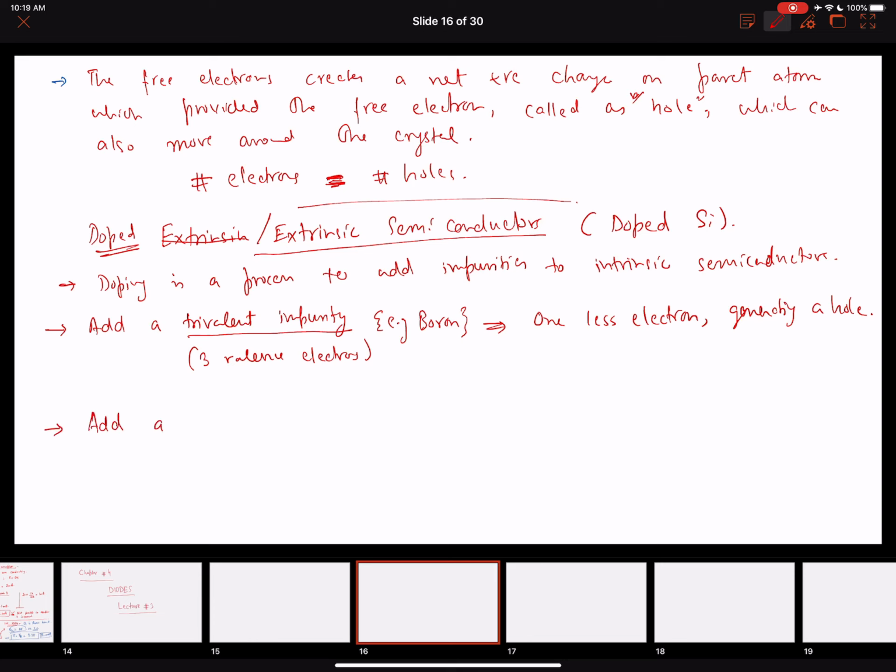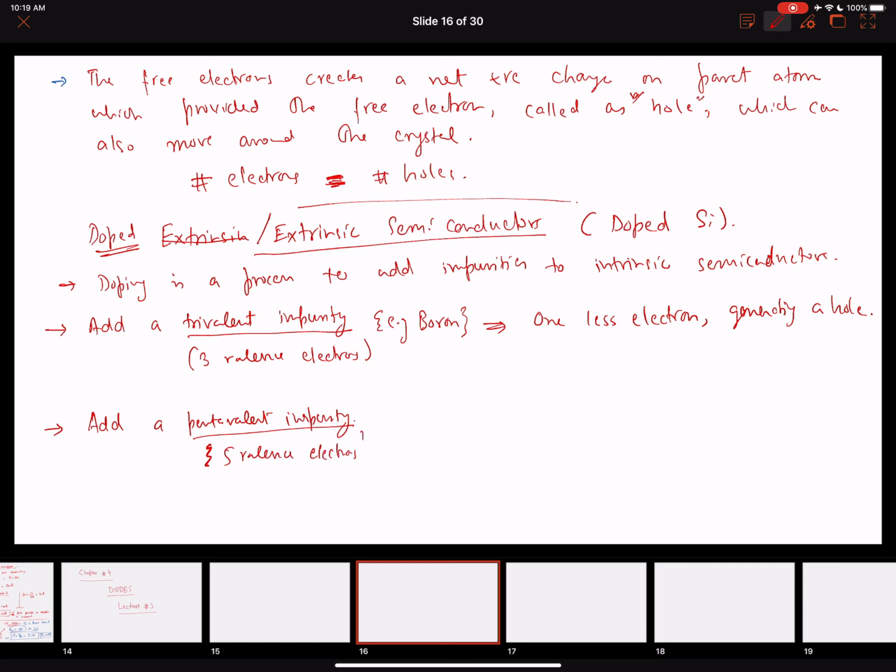If we add a pentavalent impurity, rather than adding a trivalent impurity, to intrinsic silicon to make it extrinsic silicon, it is going to have 5 valence electrons.